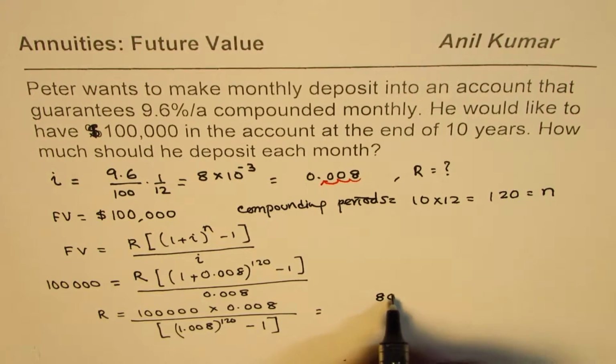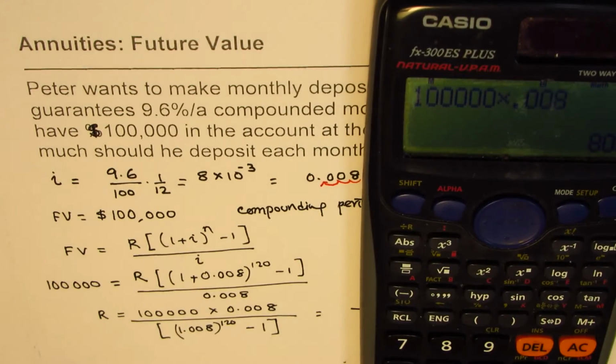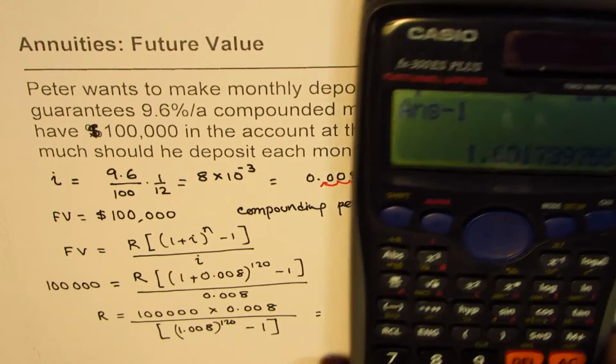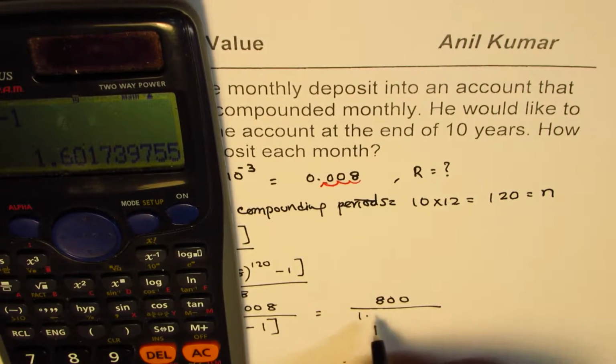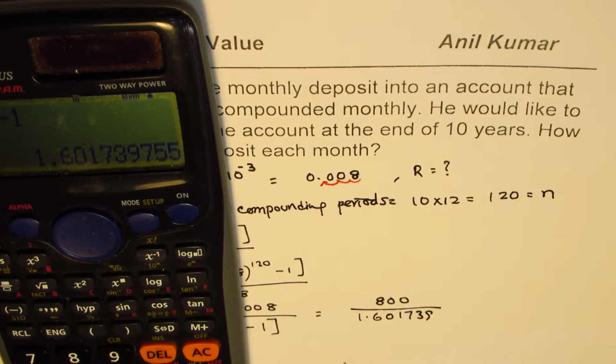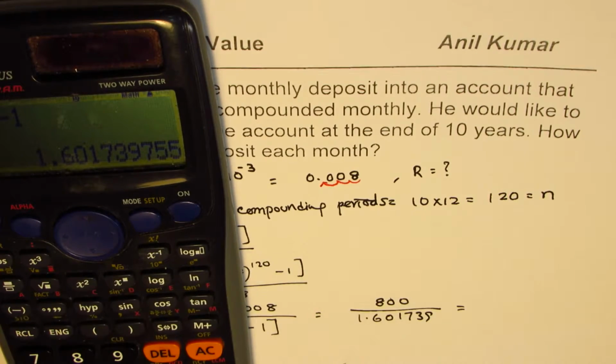So it is 800 divided by the term in the denominator, 1.008 to the power of 120 minus 1, which equals a big number, 1.601739 something, right? I would not like you to round this number. I'm just showing you how to do it, but that is not the right way anyway. You actually do it in one shot, right?